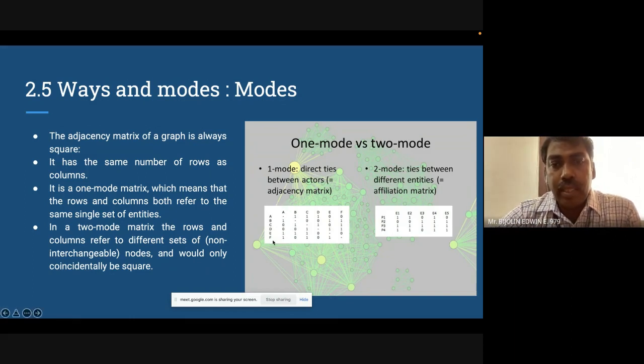See here A, B, C, D, E, F; the rows can also be measured with the same parameter. But if it is two mode, it means two different parameters, P1, P2, P3, P4, and E1, E2, E3, E4, E5. In some cases we just work with a one mode matrix. But if you want to calculate with more than one parameter, we go with a two mode matrix.